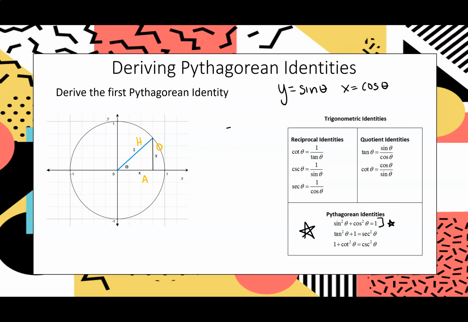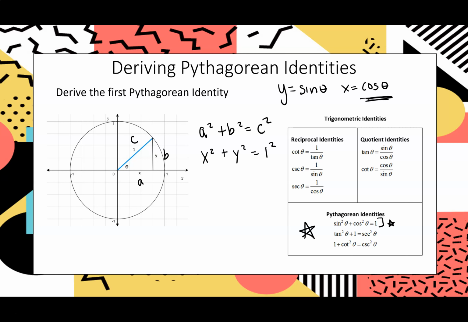I'm going to go ahead and write something different. I'm going to use the Pythagorean theorem, and I'm going to call this A, this B, and this one C. We know that this is a right triangle, so I can state that A squared plus B squared equals C squared. Well, that's x squared plus y squared equals 1 squared. What's my x in this case?